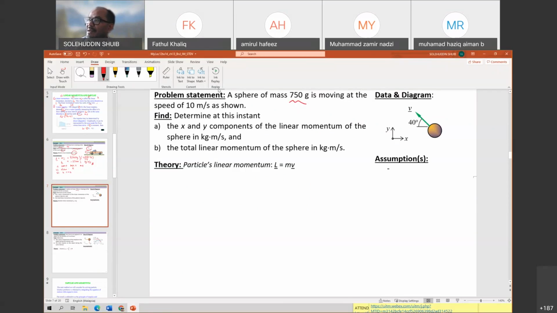Again, we have the datum here. The sphere is moving in this direction, so it's going this way, minus x, right? And then going up, this is plus y.